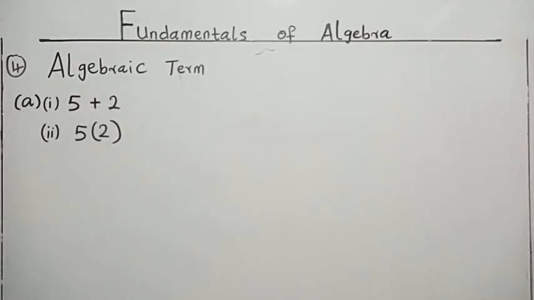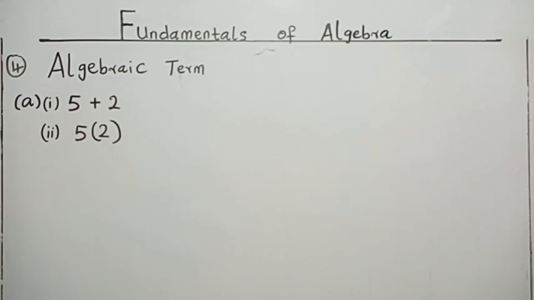Which of them is an algebraic term and which of them is not? Or is there any one of them that is an algebraic term? Are they both not algebraic terms? Or are they both algebraic terms? Or is it that one is an algebraic term and the other is not?